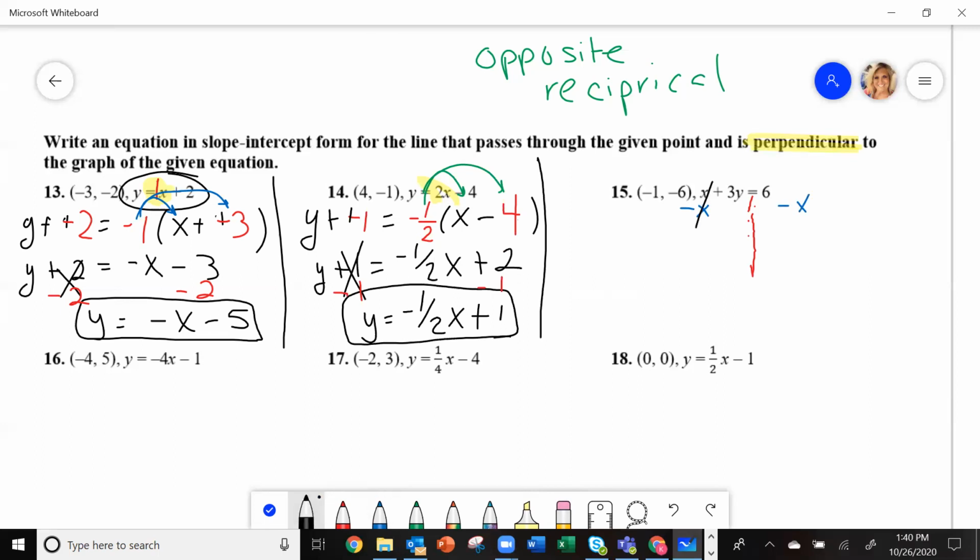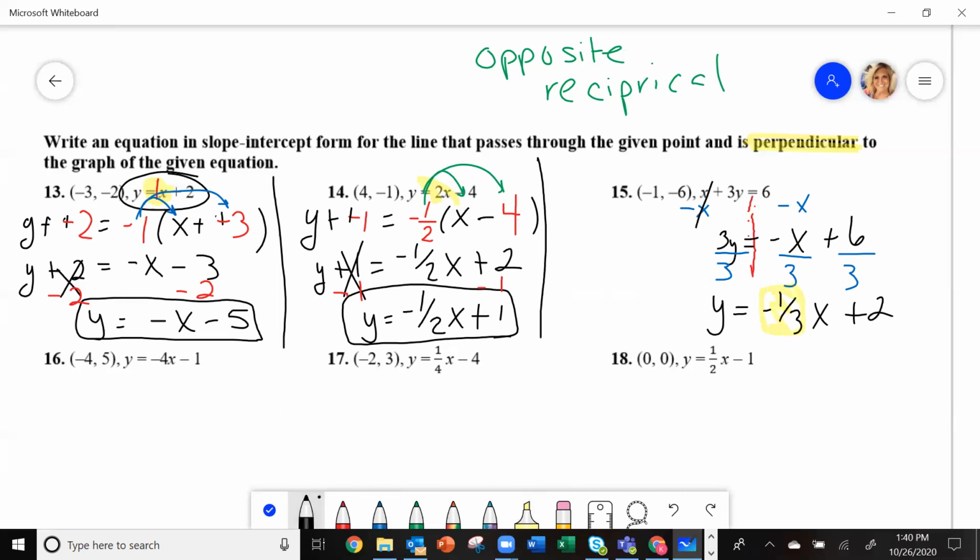I'm going to get 3y equals -x plus 6. Then I'm going to divide by 3. I get y equals -x divided by 3 is -1/3 x plus 2. Really, all I need is this right here.